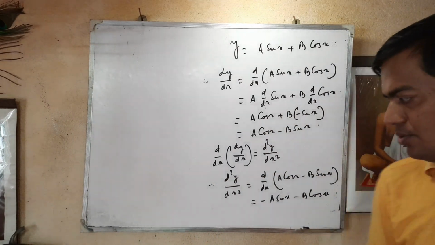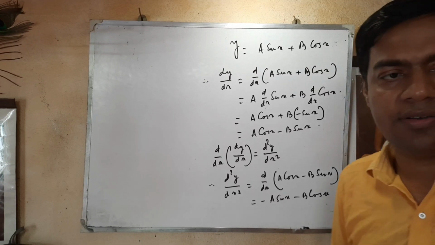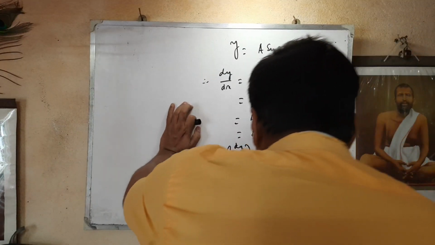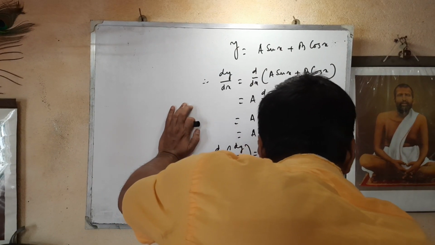So d2y/dx2 is evaluated as minus a sin x minus b cos x, or taking the minus as a common term, minus of a sin x plus b cos x.